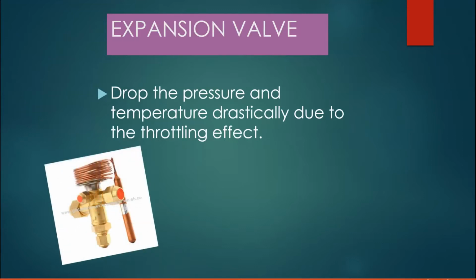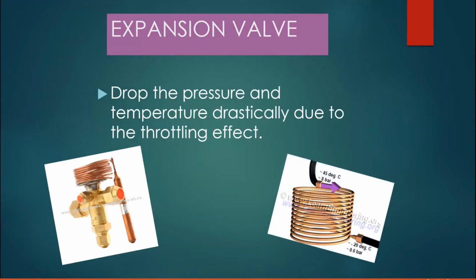As we researched on the internet, after the refrigerant has gone through the condenser, it will reach the expansion valve. The expansion valve will cause the pressure and temperature of the refrigerant to drop drastically. The temperature of the refrigerant will now be lower than the environment inside the refrigerator.